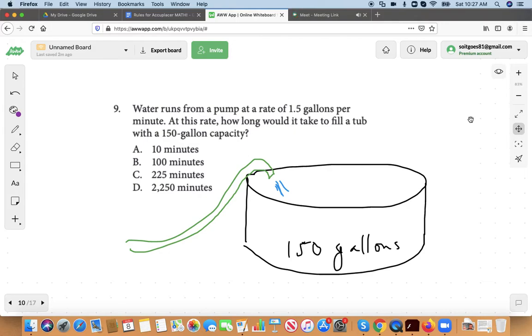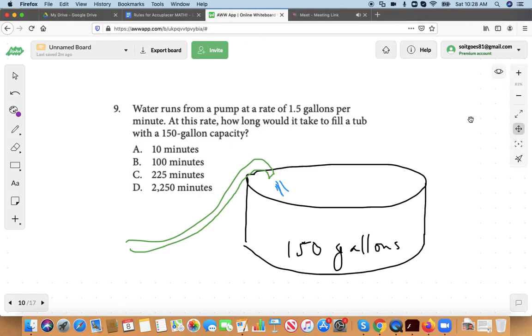I'll bet we can eliminate an answer choice, because I know there's not going to be enough time to fill that thing up. You're talking about D? That looks like a lot. Because if we're multiplying the number of gallons by the number of minutes, which we said we are, then D is going to be way too big. Is that clear why?